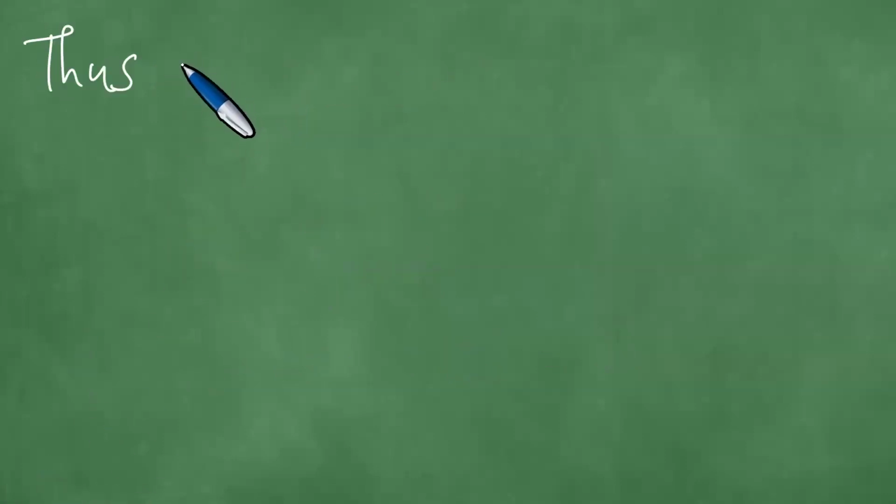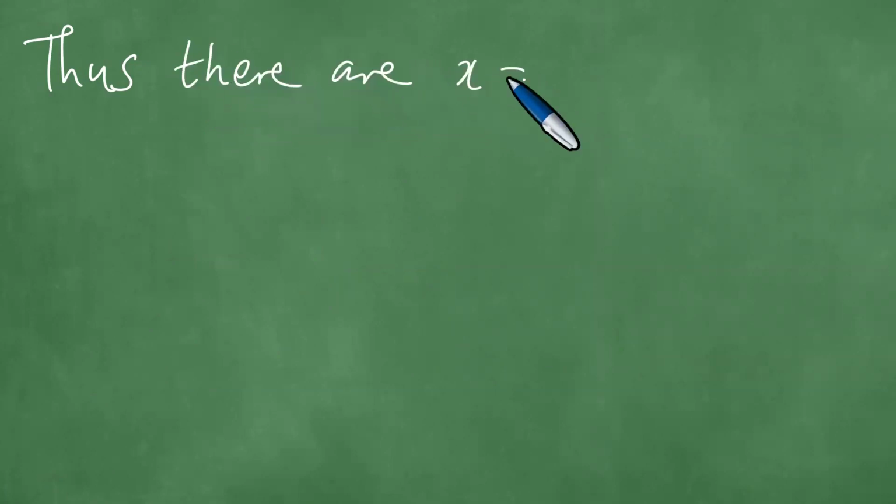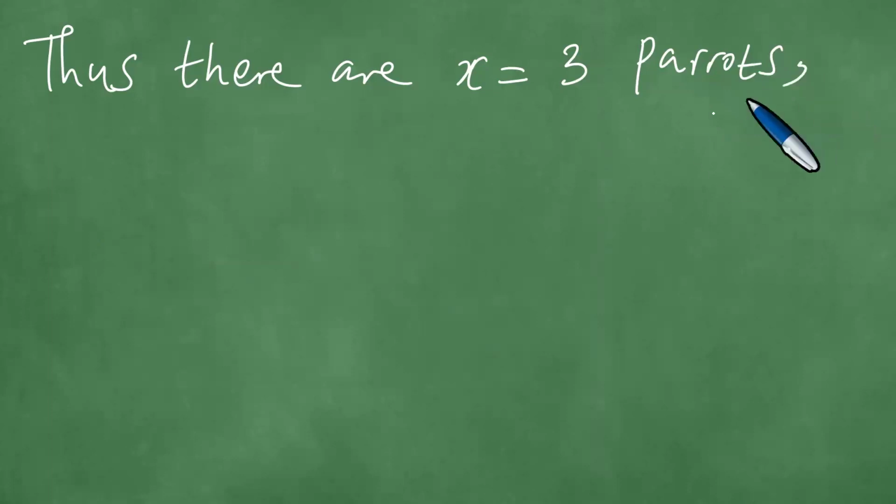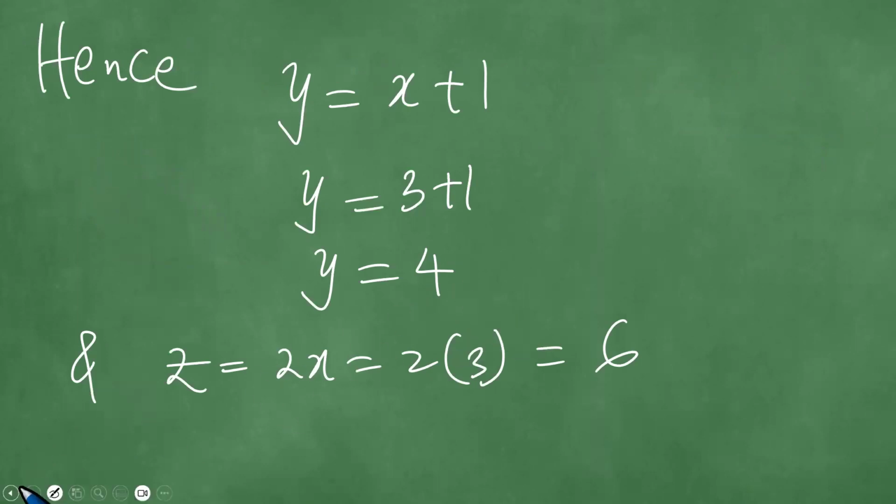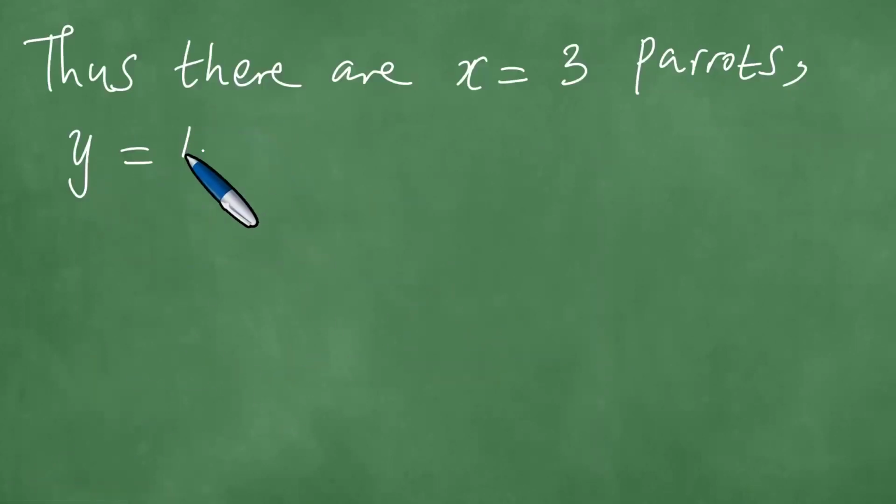Thus, x equals 3 parrots. y equals what? We got the numerical value of y: y equals 4.